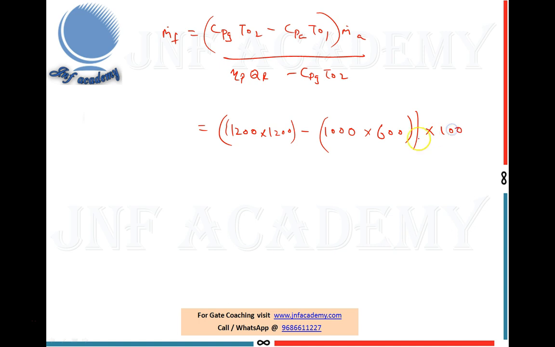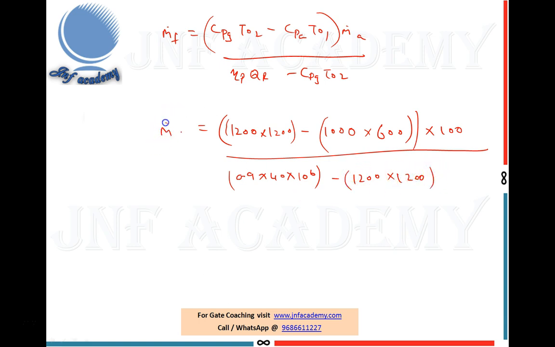M dot A is given to be 100 kilogram per second, divided by eta burner, which is 90 percent, so it will become 0.9, into QR, which is 40 megajoules, so into 10 to the power 6, minus CPG 1200 into T02, 1200.